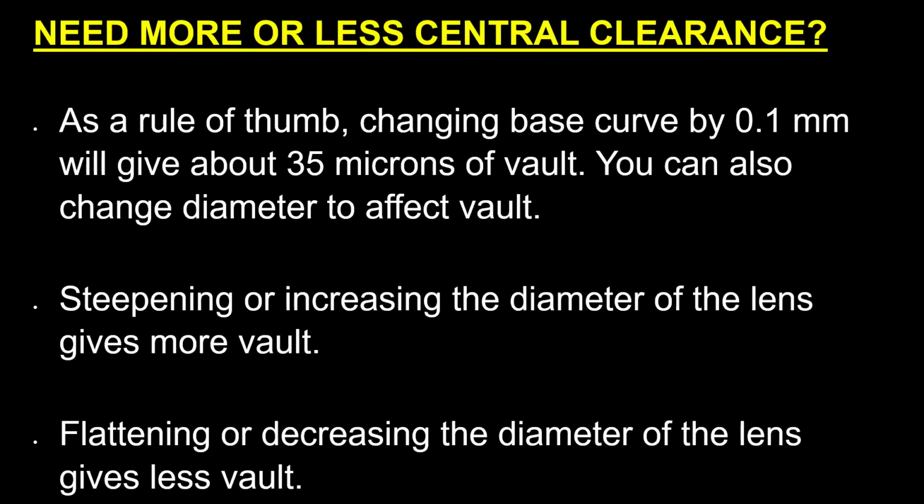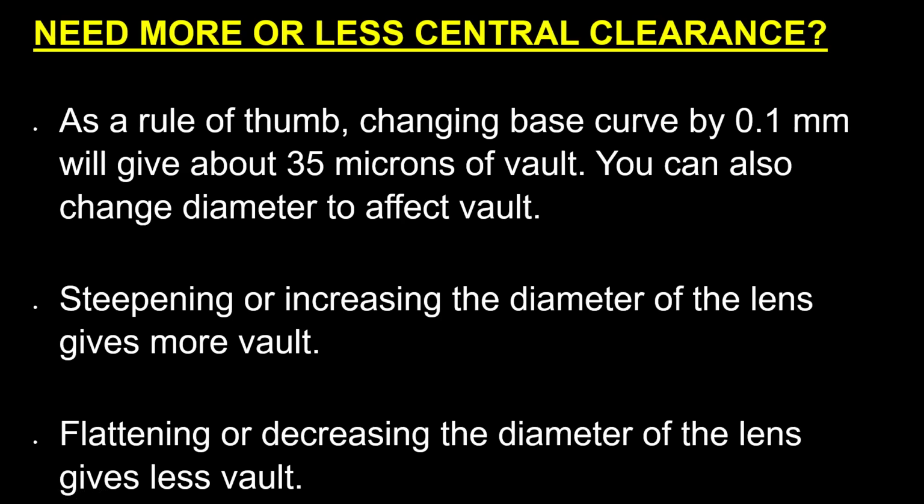So as a rule of thumb, what I need you to note here is that there are other ways to adjust for the clearance. If you have a clearance that is more, you can adjust it based on the base curve of the lens you are ordering. But more importantly, try fitting and see the clearance based on assessment.